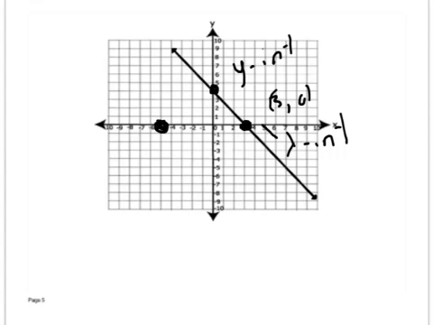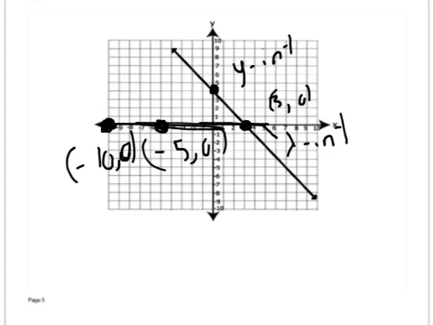What would this be? Negative 5, 0. What if it was right here? What would the ordered pair be? Does anyone see a pattern here? What is it? The y is always 0. So for my x-intercept, y is always 0.